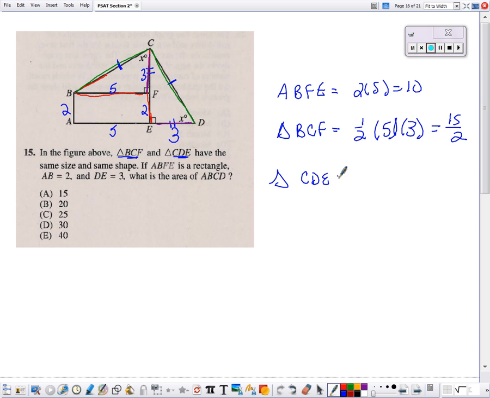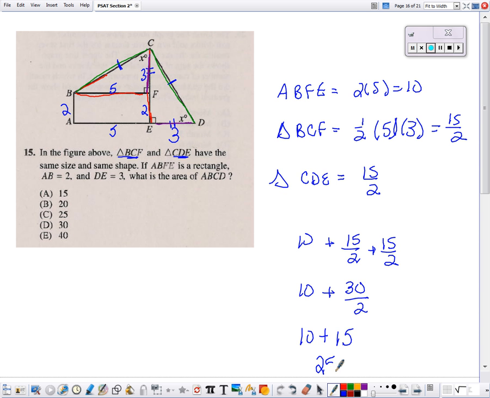And triangle CDE will be also 15 divided by 2, since they are exactly congruent. So when we find our area and add them all up, we have 10 plus 15 over 2 plus 15 over 2. I'm going to start with my fractions. They already have a common denominator, so that's 30 divided by 2. But we know that equals 15. So 10 plus 15 is my final answer of 25.